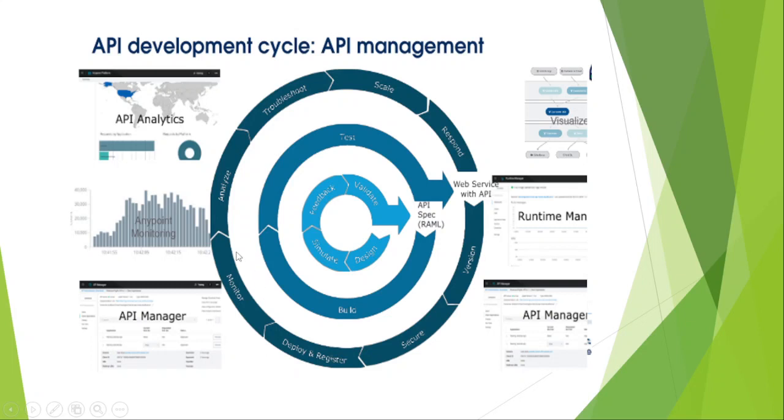Using the monitor, we are going to monitor the API. Maybe we can create some alerting. With Anypoint Monitoring, we can monitor the API. Using analytics, we can analyze the API. These are the steps after securing: deploy and register, monitor, analyze.